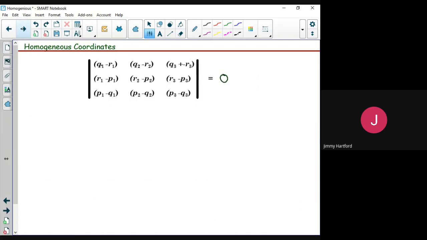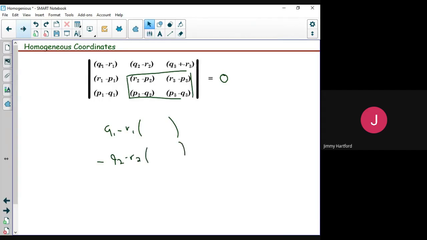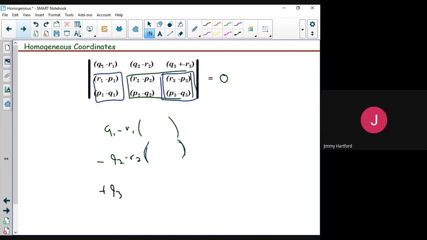If we work this out computationally, Q1 minus R1 times the determinant of this block, minus Q2 minus R2 times the determinant of this second block, and then plus Q3 minus R3 times this block, and then add that up, we would get that it's 0.